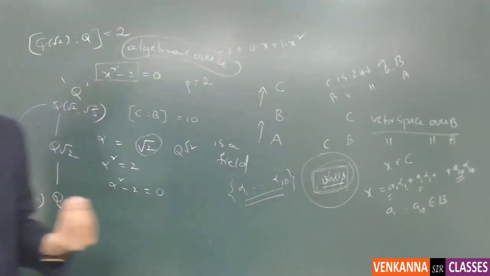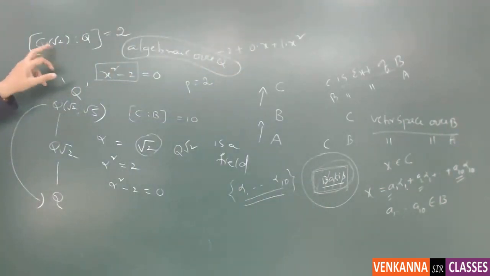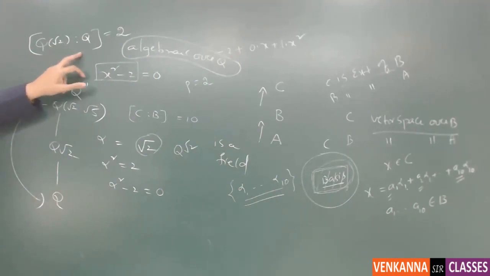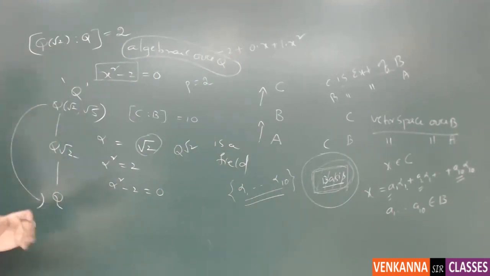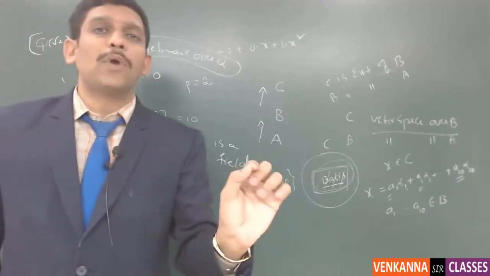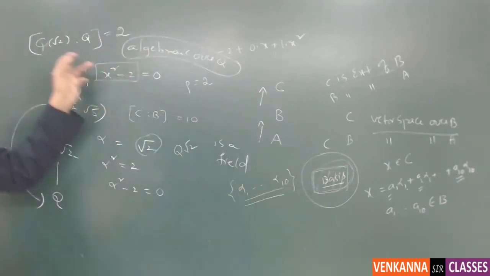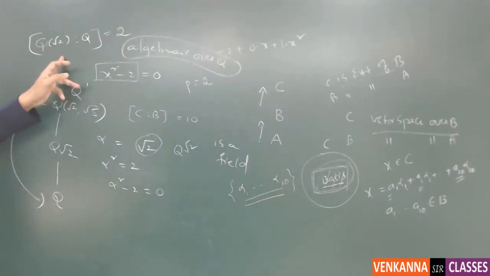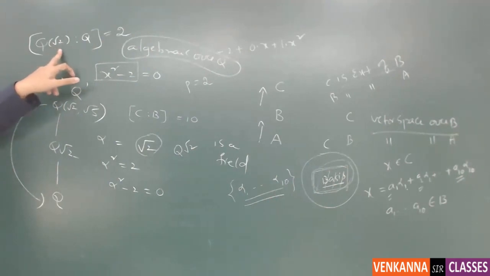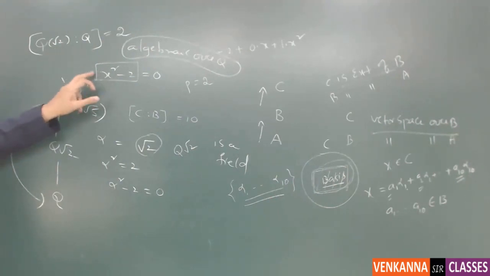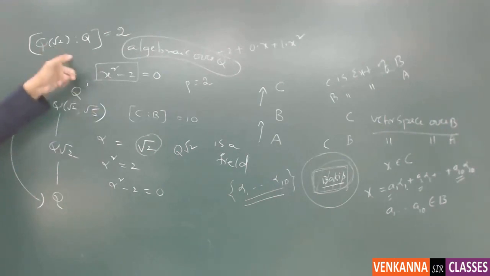So if you want to find the dimension of this set, Q of root 2 over Q, it is nothing but the degree of the polynomial satisfied by this root 2. Here, root 2 satisfies the polynomial x squared minus 2. Its degree is 2, hence the dimension is 2. That is what I am saying. Clear to all?